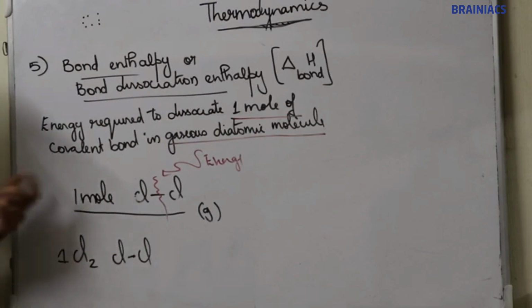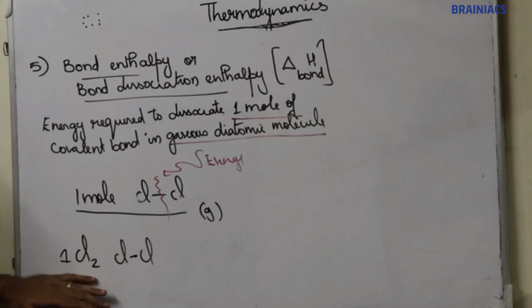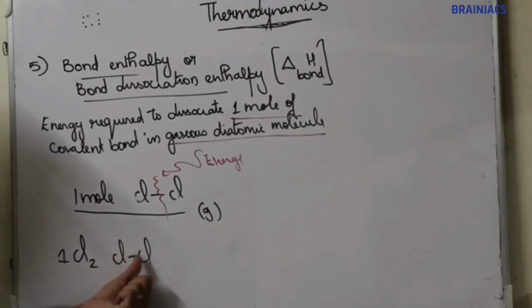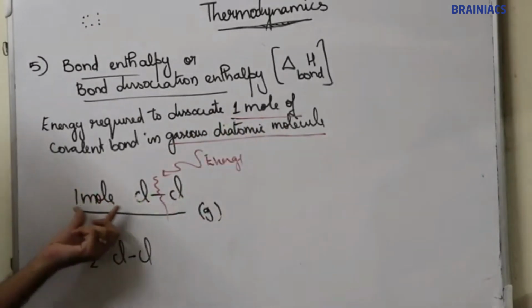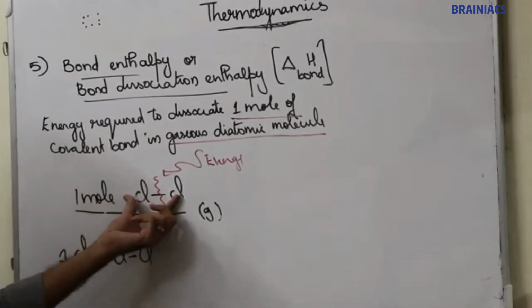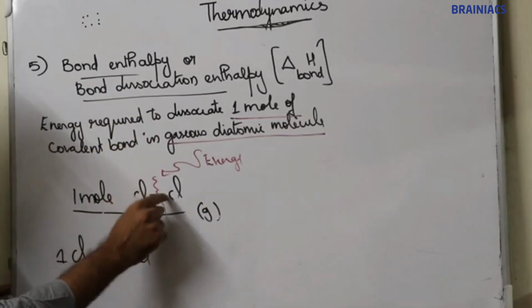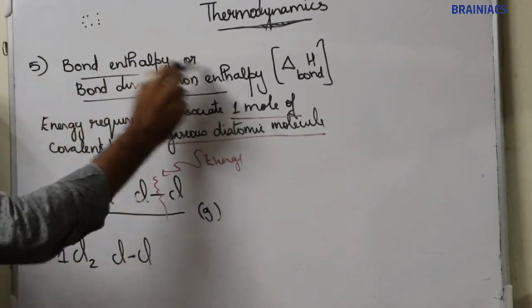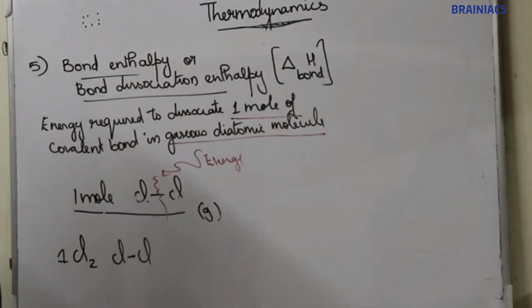If you consider 1 Cl2 molecule, you can write Cl single bond Cl, so 1 Cl2 molecule contains 1 bond. 1 mole of gaseous diatomic Cl2 contains 1 mole of covalent bond. That energy is known as bond dissociation enthalpy or bond enthalpy, represented by delta H bond. I think it's clear.